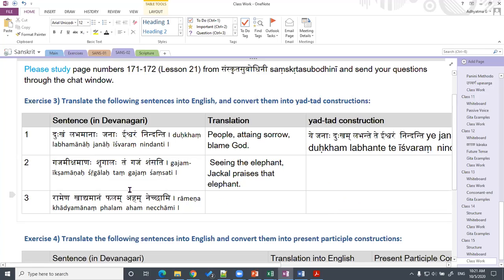Now if you have to make yat-tat, remember this ikshmana, that is the participle, will convert into the verb form in yat sense. So the way you will go is: shrugalaha yam gajam. I think the shrugalaha should be with the, yeah, so this is a little typo here.